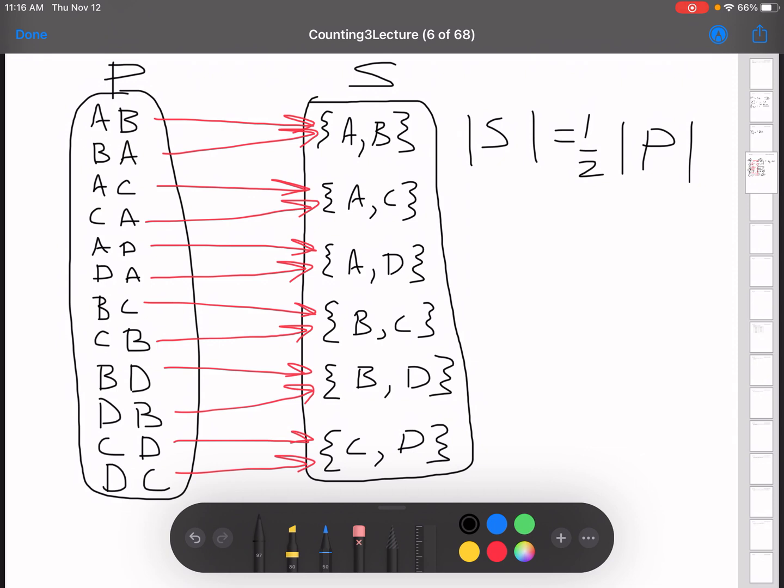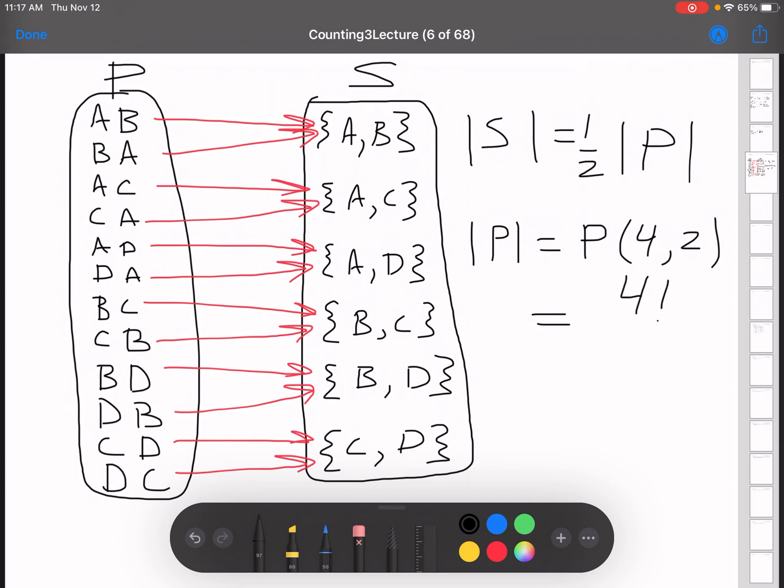Okay, now remember that the cardinality of P, this is the number of permutations of length 2 where the symbols are chosen from an alphabet with 4 symbols in it, A, B, C, D. Remember there's a formula for that. So this is what we would say is P for 2, which remember there's a formula for this.